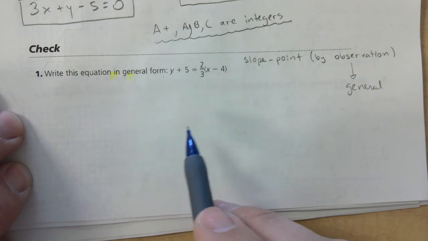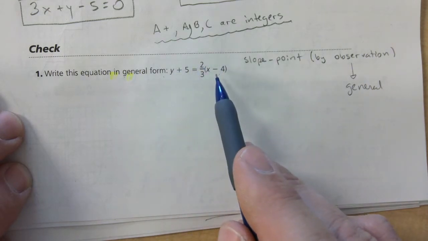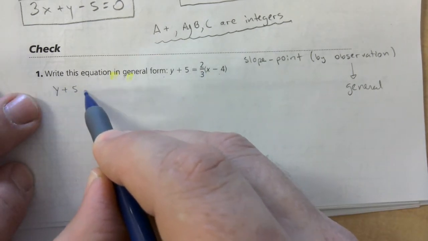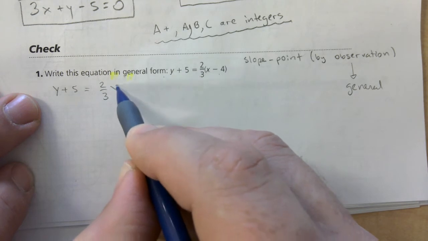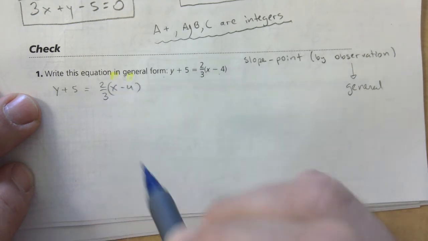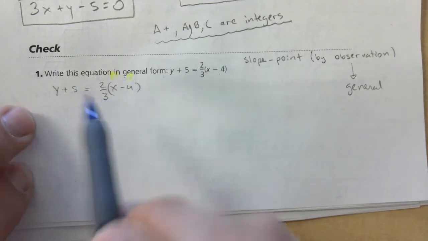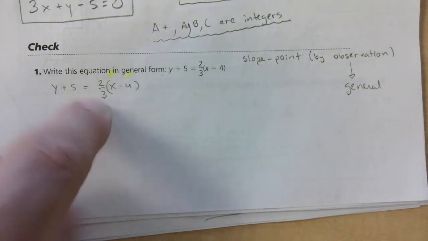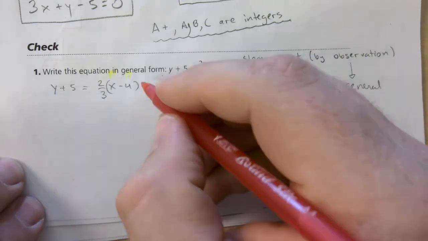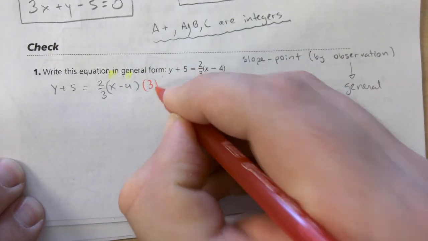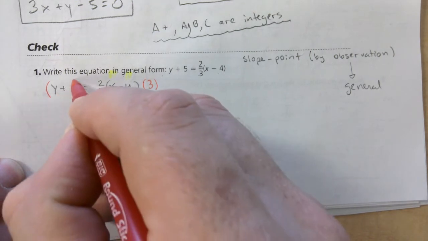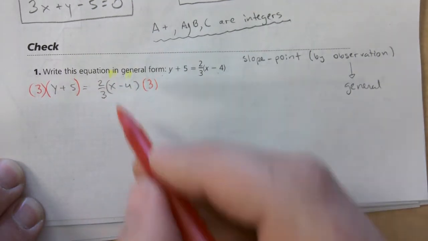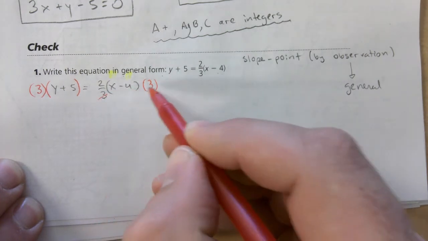So there's various ways of doing this. I will write this out again just so you see it. y plus 5 is equal to 2/3 x minus 4, that's in brackets. I will get rid of this fraction right away, the 3. And you should have seen me do this already. So times 3, and I'll take the whole left side and multiply that by 3 also. And that allows me to cancel these two out.